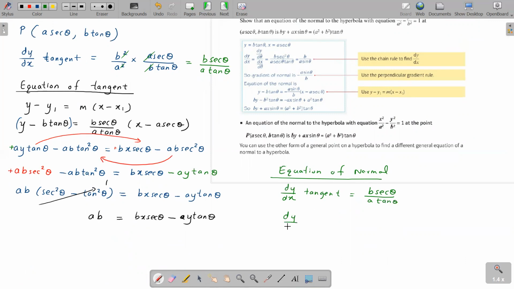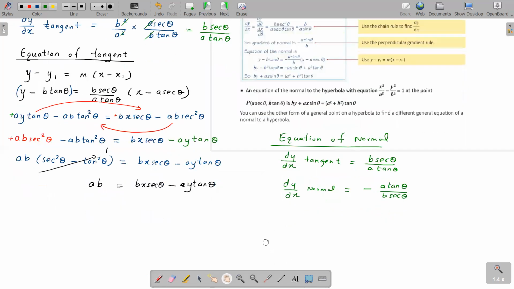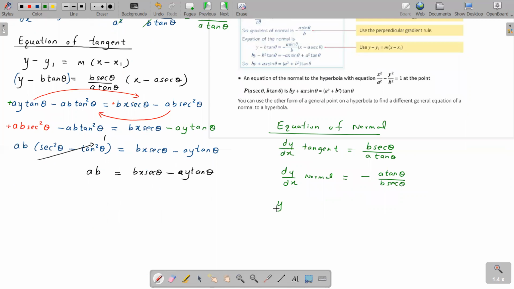What happens when you take the normal? Reciprocal and change the sign. So minus, and I get a tan theta over b sec theta. Is that okay?